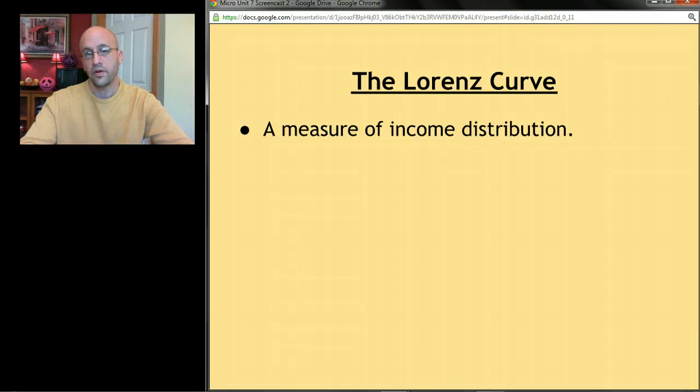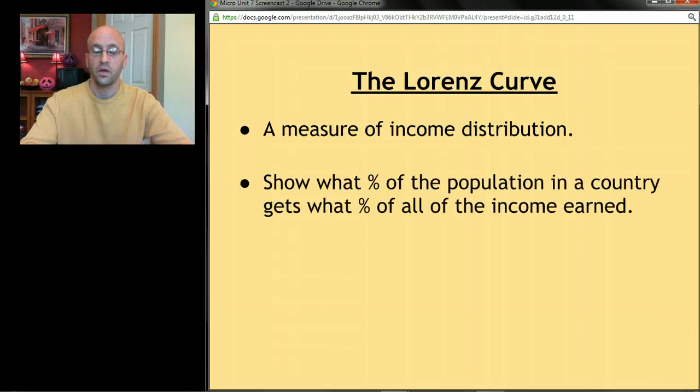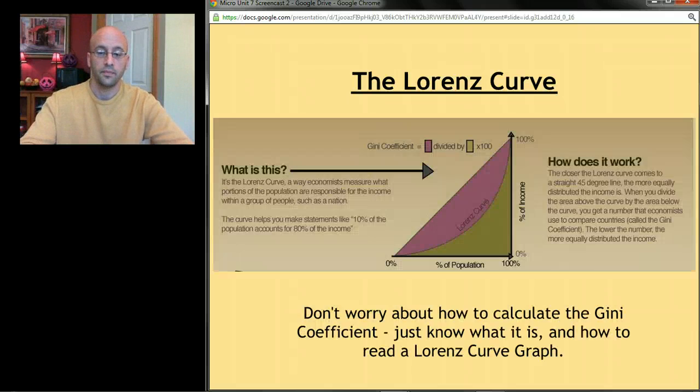So I'm going to show you what a Lorenz curve looks like. You don't need to understand it quite as deeply as you need to understand, for example, a monopoly graph, but you're likely to see something like this on the AP exam. What the Lorenz curve shows is what percentage of the population in a country gets what percentage of the income. I'll show you what I mean. Here's a typical Lorenz curve.